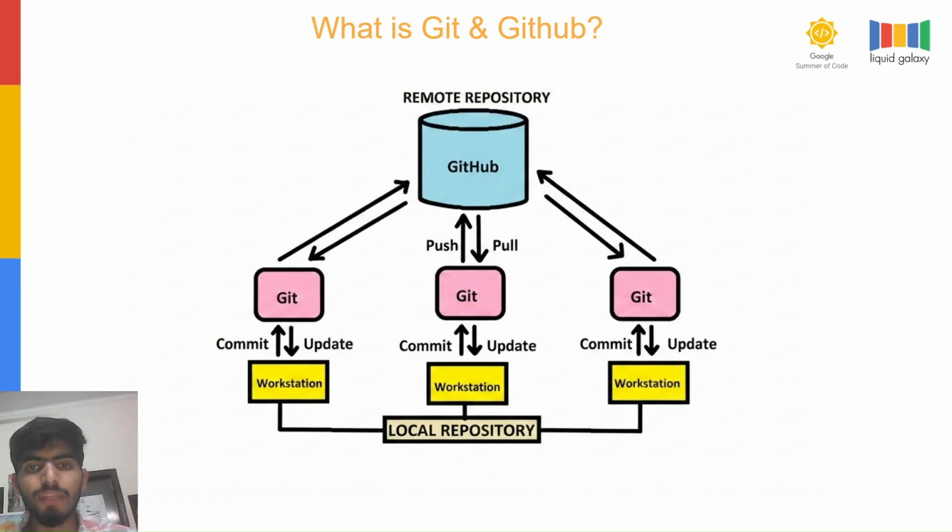GitHub is a space where you save your code. You can save your progress on the code and share that piece of code with anyone, like if you are working in a group.